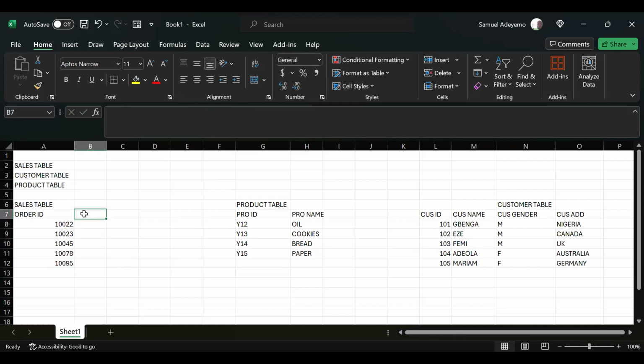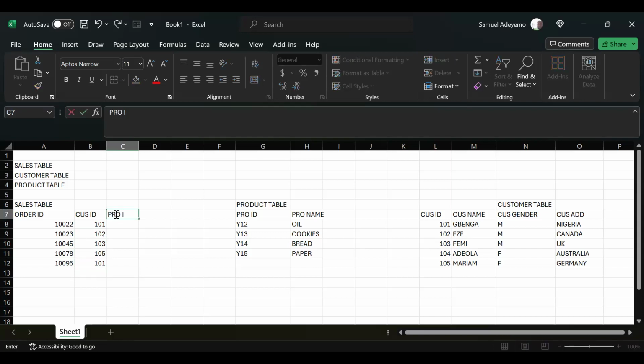So there's an order. Of course, somebody bought the order, right? So we have the customer ID on this table. Let's say Benga bought an order here. Let's say Eze bought this. Let's say Femi bought this. Let's say Miriam bought this. So let's say Benga bought again. So we have Benga appear 2 times, right? Now let's say the product.